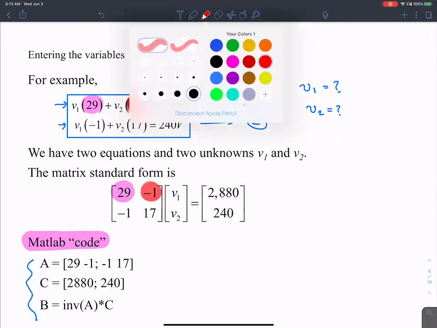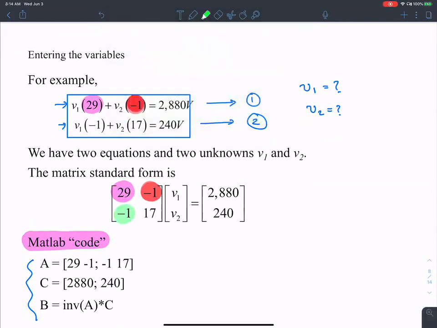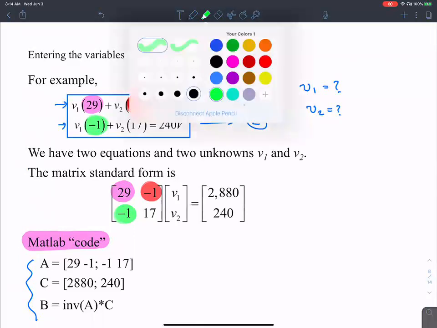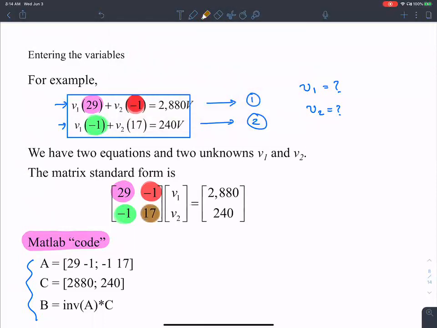So this matrix is representative of the coefficients of your variables. Similarly, this 17 is representative of the coefficient for V2. So you can see the relationship between the variables, the equations that you have, and the matrix that you want to enter into MATLAB. Then there are, of course, the variables themselves, V1 and V2. These are the unknowns.